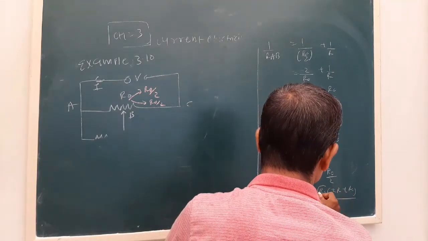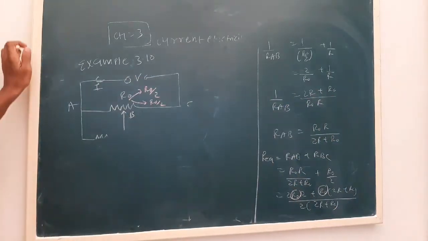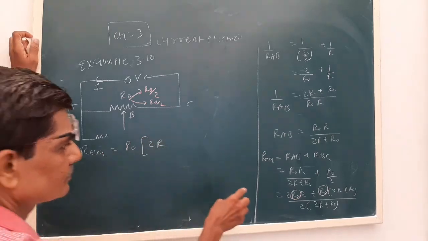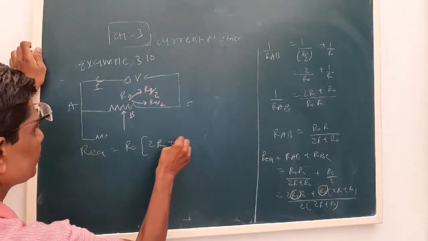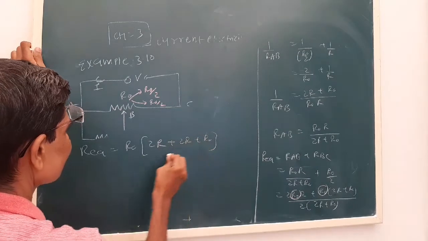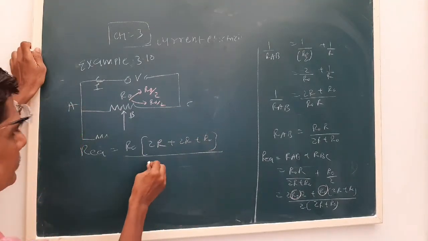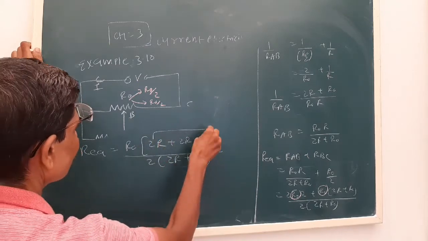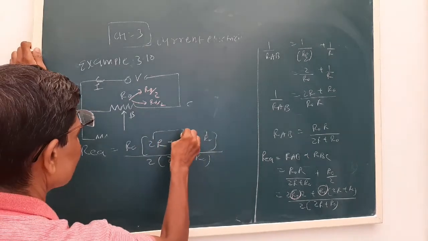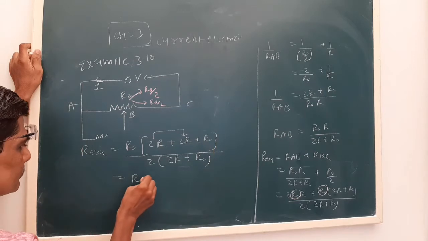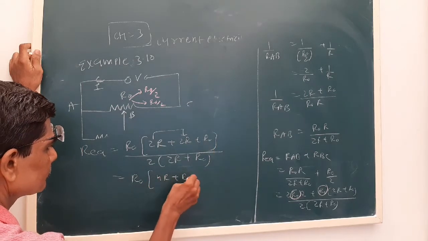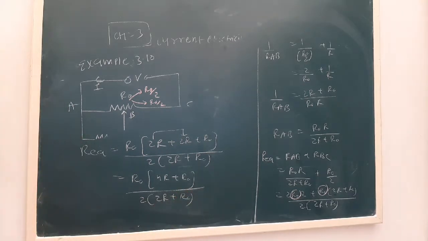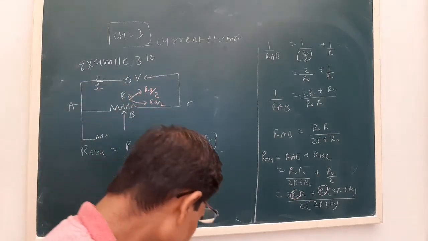So R equivalent, R0 common, 2R plus 2R plus R0 upon 2 into 2R plus. See, this will make 4R, sorry. Now this is R equivalent.